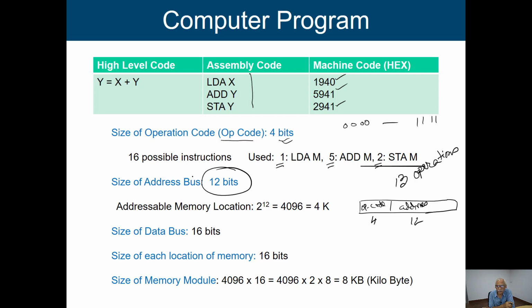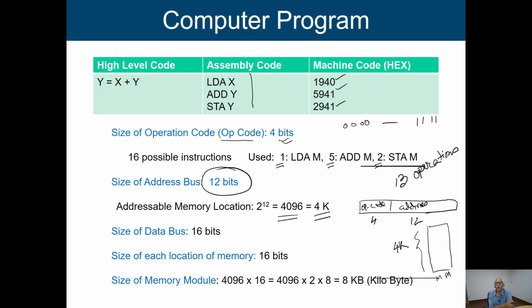Now when I have a 12-bit address bus, what is the maximum size of the memory module that I can connect to this particular processor? It is 2 to the power 12, which is 4096, that means 4K. That means the main memory that we are connecting to this processor has 4K memory locations.